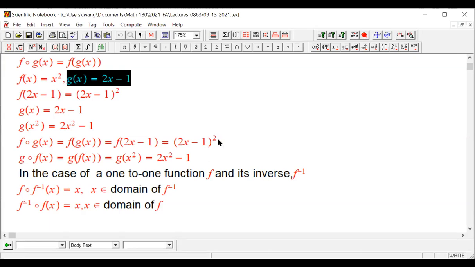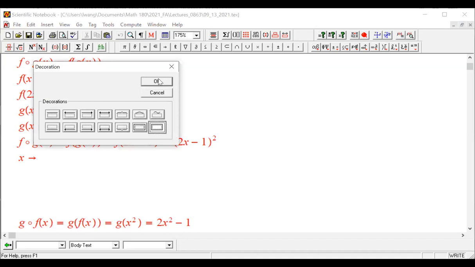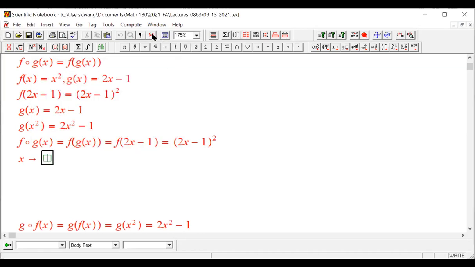You got it? Okay, so next, remember the machine thing I was building for you? Let's look at the machine's perspective. For F composite G, what it means is that we have this X, and this X gets the rule of G applied.